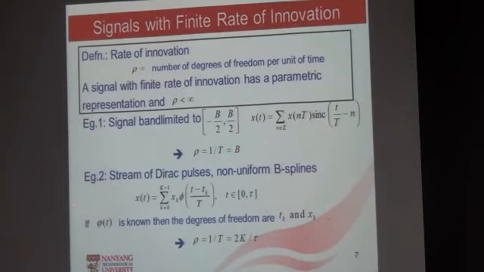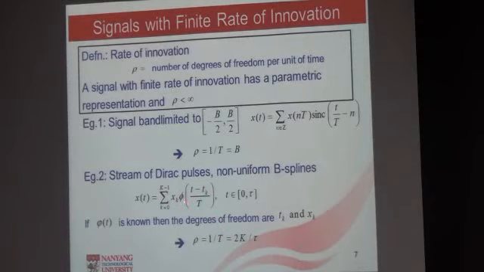Okay, and another example is a stream of Dirac pulses, or non-uniform B-splines. If we can represent a signal x of t by a finite sum of x_k, which are the coefficients, and a basis phi of t minus t_k, then the degrees of freedom are x_k and t_k.